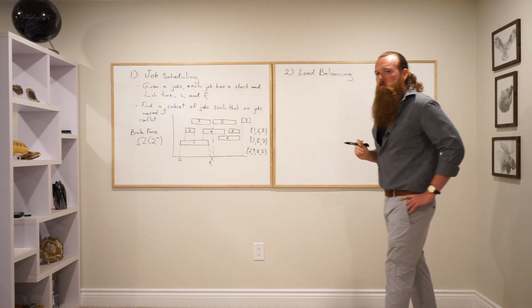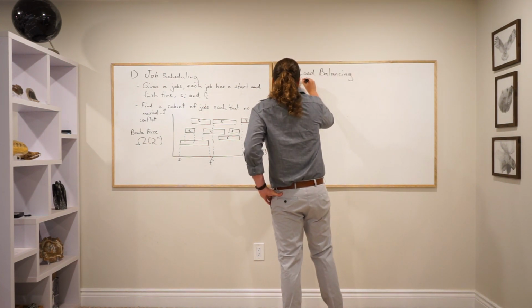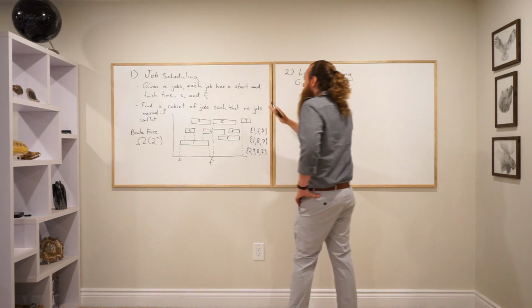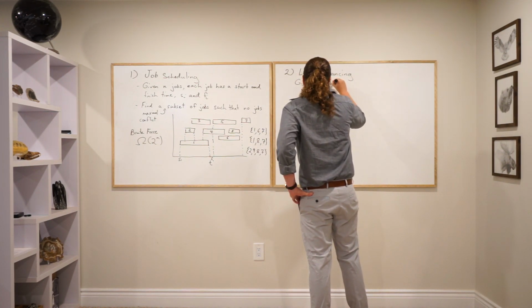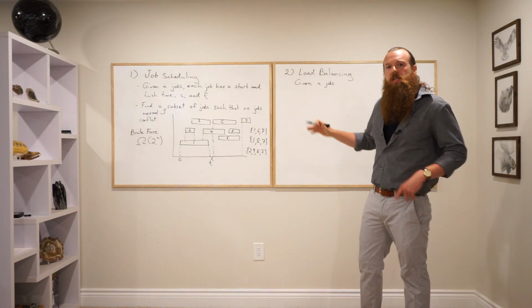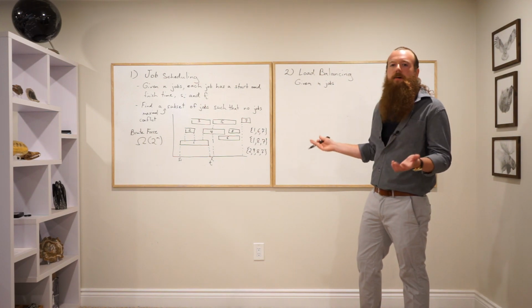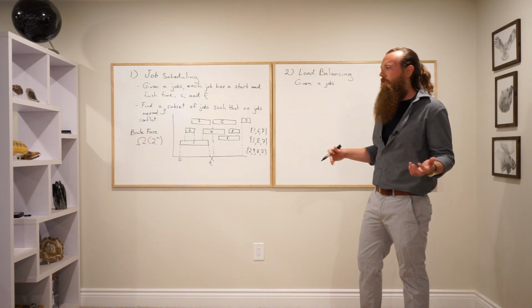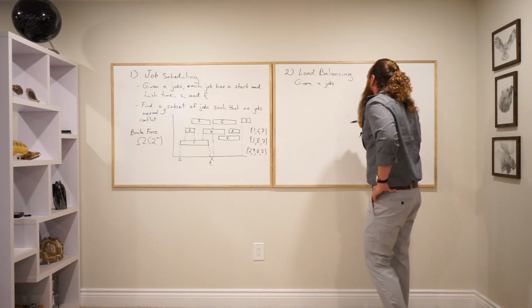So what's the load balancing problem? Well, we're going to be given n jobs, similar to this one. But instead of a job having a start and end time, we're just going to have a size associated with the job. A size might be a time value like 2 seconds, 5 seconds, 30 milliseconds, some kind of size.